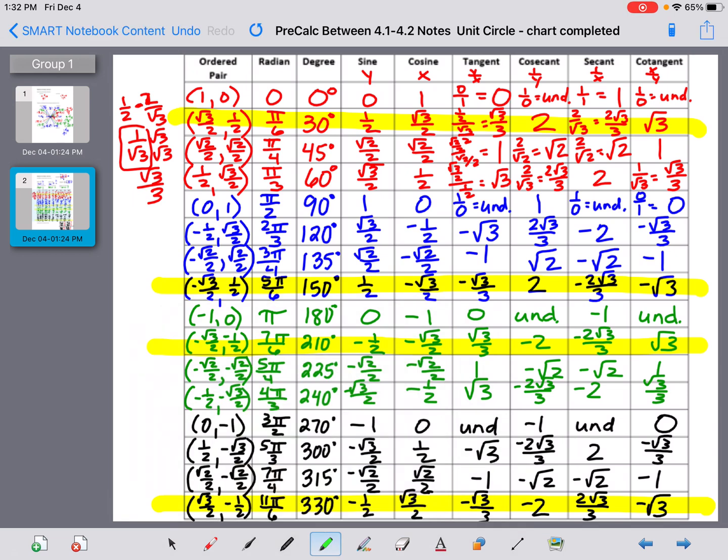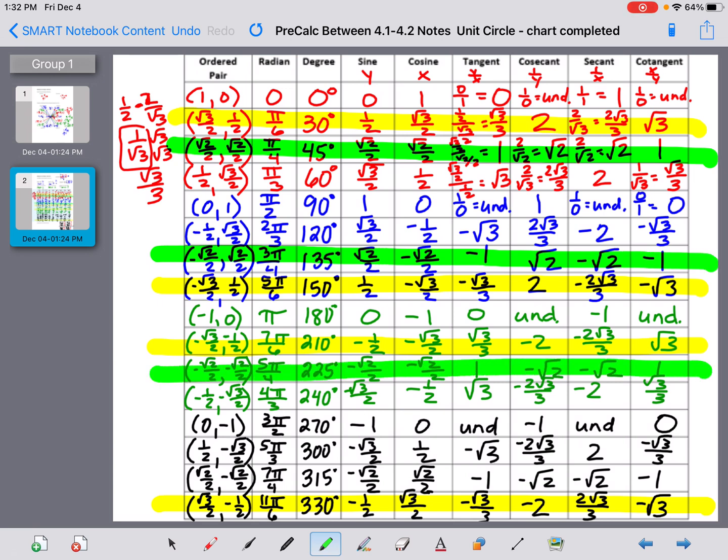With my 45s, I see the radical 2 over 2s and the 1s. I see it again here with 135, just with some sign changes. I see it again right here with the 225, and again down here at the 315. So the same values, just the signs changed.